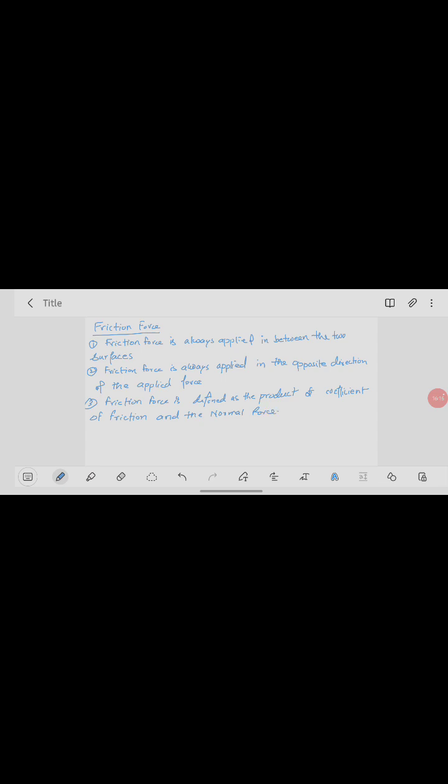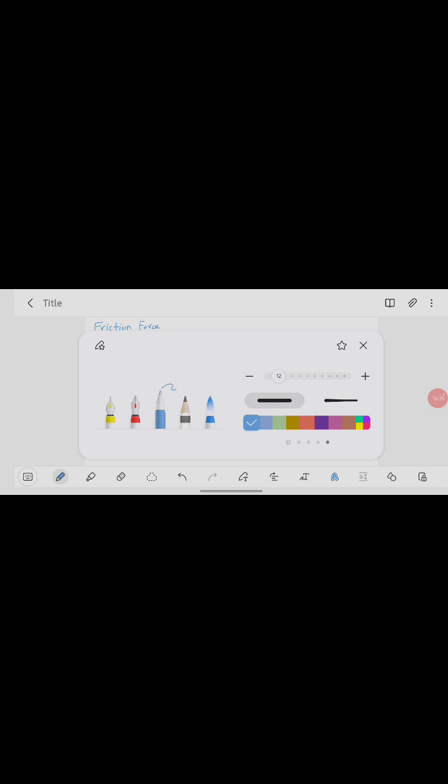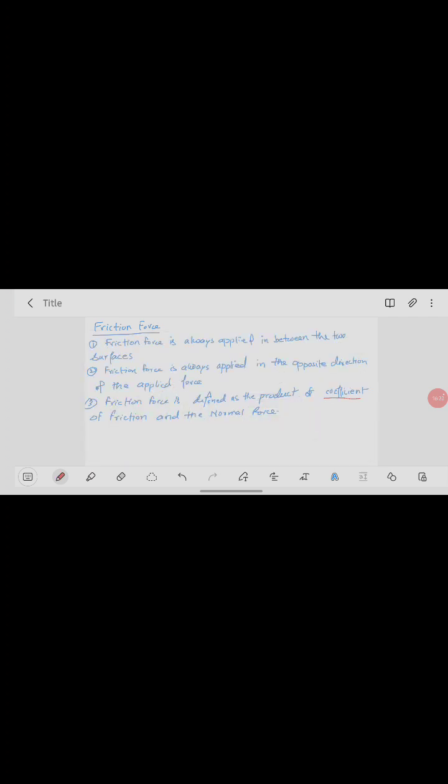What is this? We need to understand. Now here I introduce the term coefficient of friction. This coefficient of friction is represented by mu.